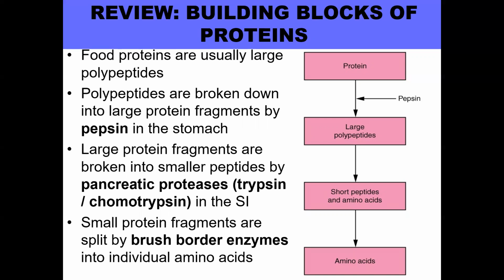So protease is the big generic name for enzymes that digest proteins. There are some specific ones, trypsin and chymotrypsin, that you should know about. And then finally, in the brush border, we'll have brush border proteases that will break the short peptides into single amino acids that can be absorbed.